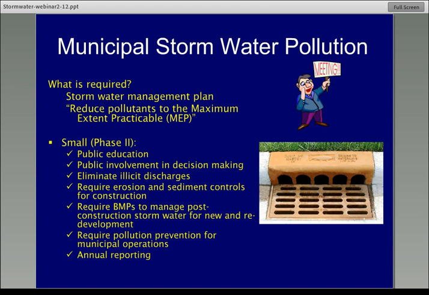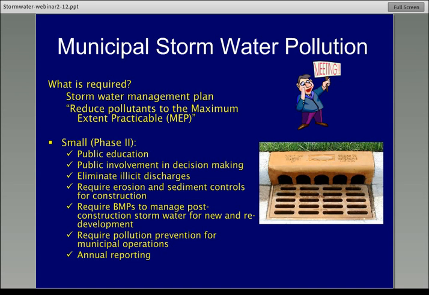Why I've put annual reporting here is that annual reporting is required of the smaller entities. However, I would say, perhaps it's fair to say, they are seldom required to do ambient water monitoring as large and medium MS4s are required.